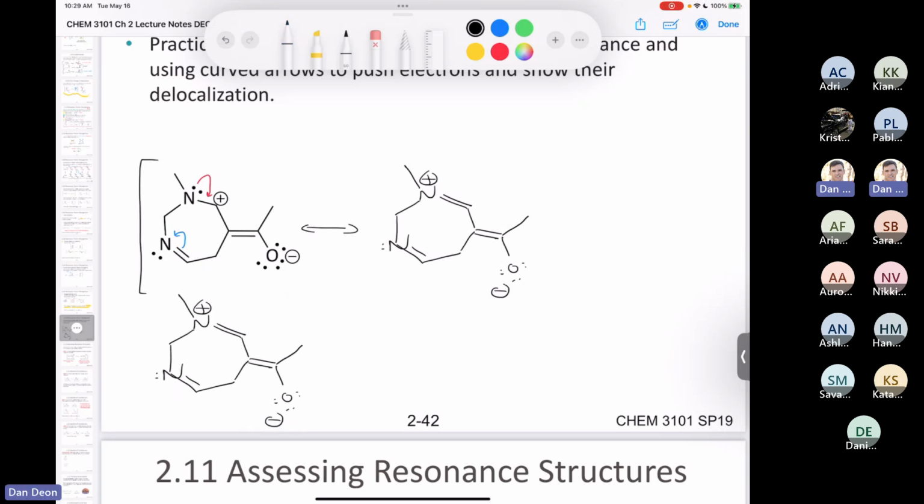So if I draw my resonance arrow like this, and this is for the blue arrow, I'm just going to go back here and put it the way it was. So I've got my lone pair here, my positive charge here, and then I'll erase this bond. And I put a negative charge here and a positive charge here. I could do that. That's another resonance structure.